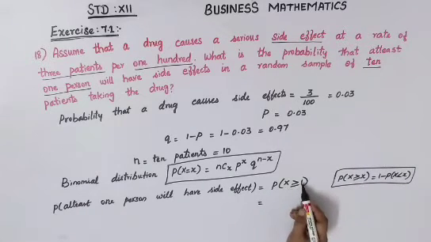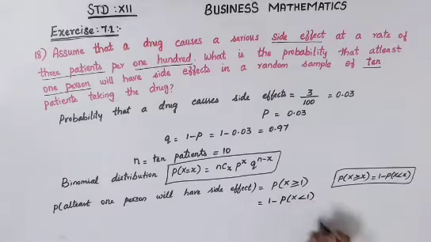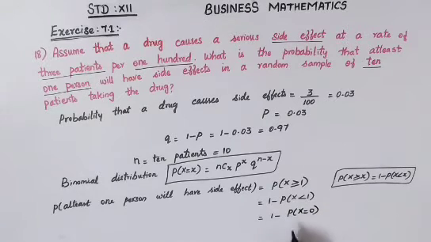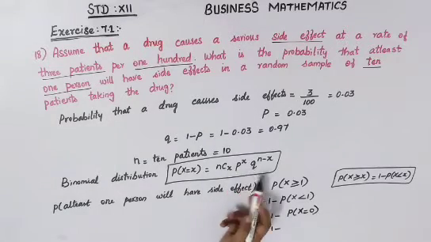We have greater than or equal to 1. Therefore, you can write it as 1 minus P of X less than 1, which means P of X is equal to 0. Only one condition you will get. Now substitute all the values, that is n, x, p, q, in this formula.